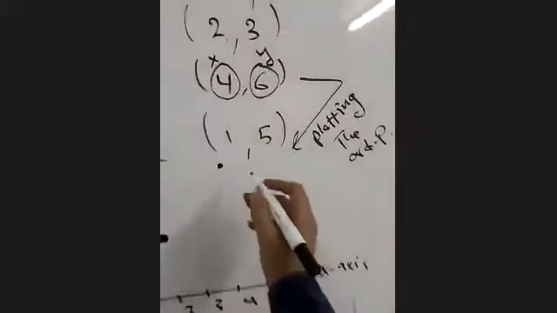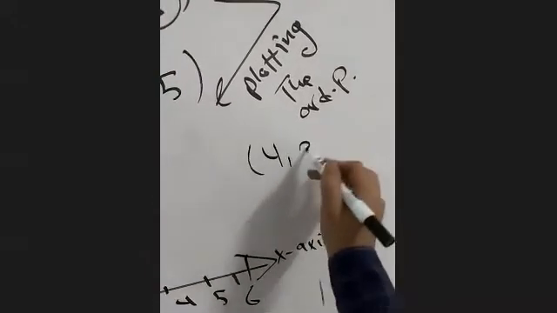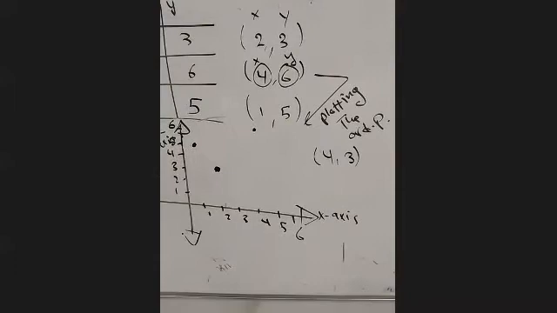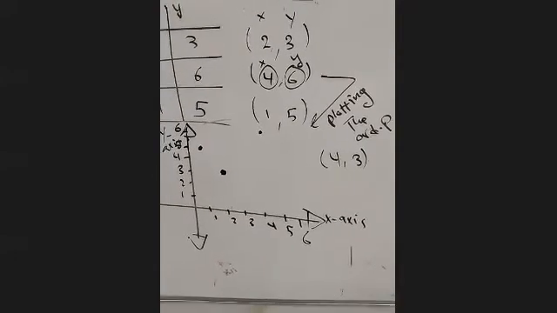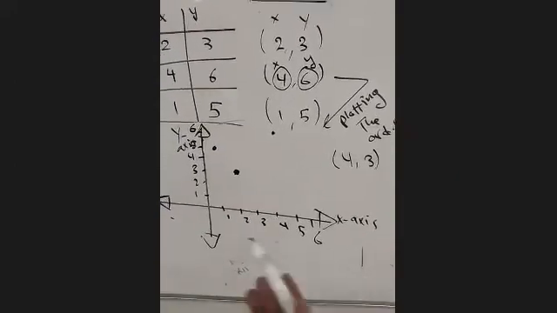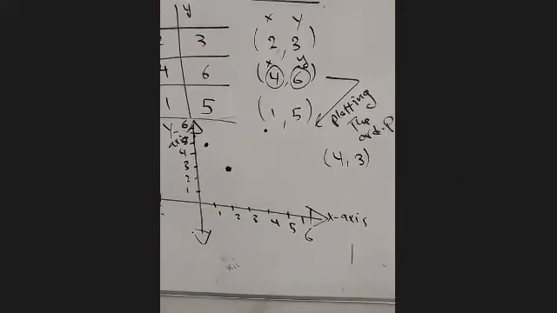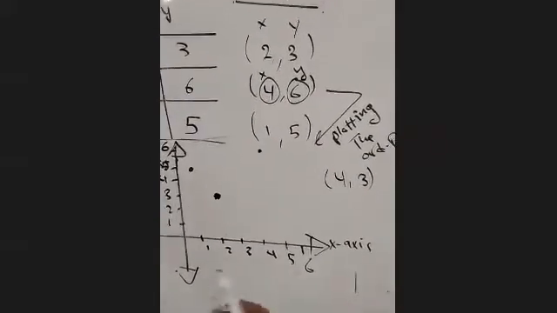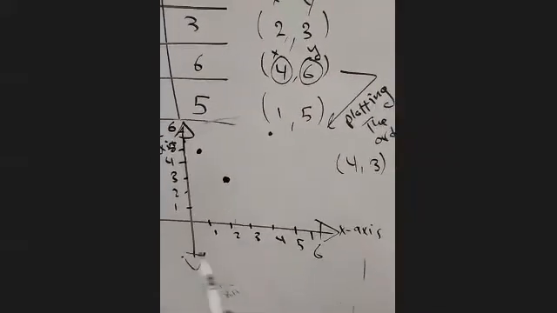For example, if I want to plot 4 and 3, where will I go first, Hisham? In X or Y will you start? In X. Which number in X? 4.